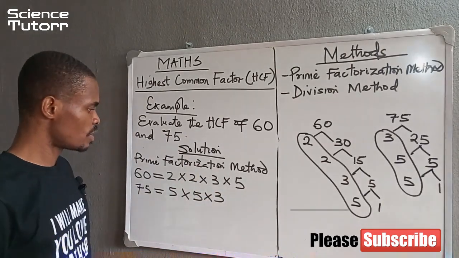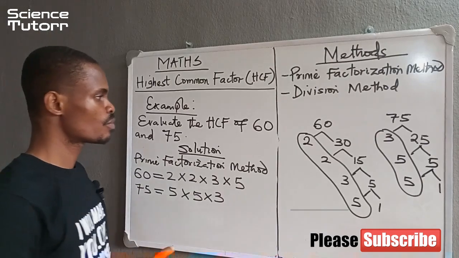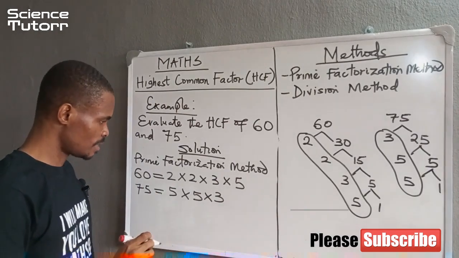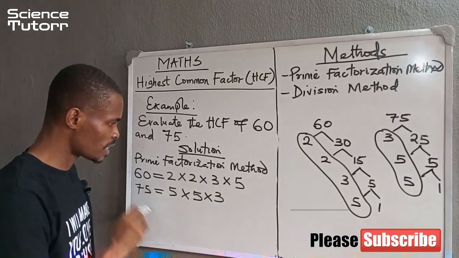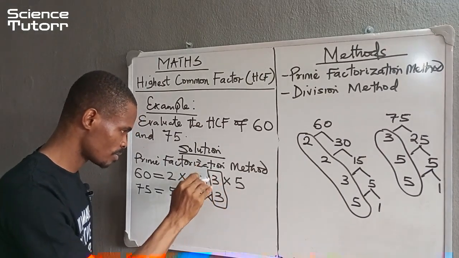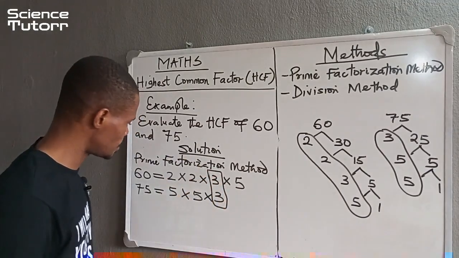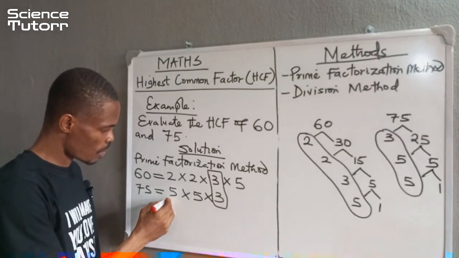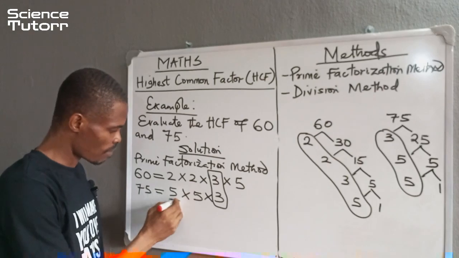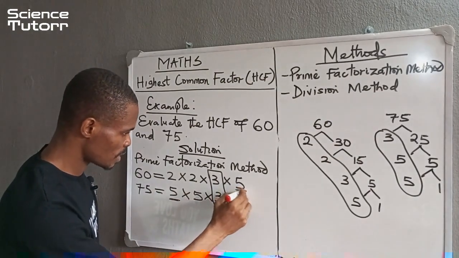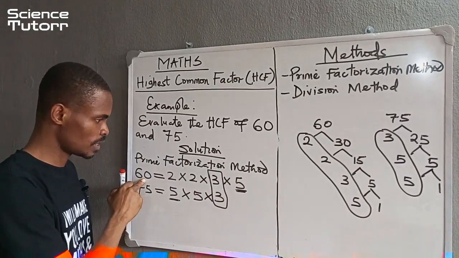At the end of the day, for HCF, we consider like terms. For 60 and 75, you can see we have something common. 3 is common on both sides. Another value we can also figure out is 5. We have 5 in 75. We also have 5 attached to 60.